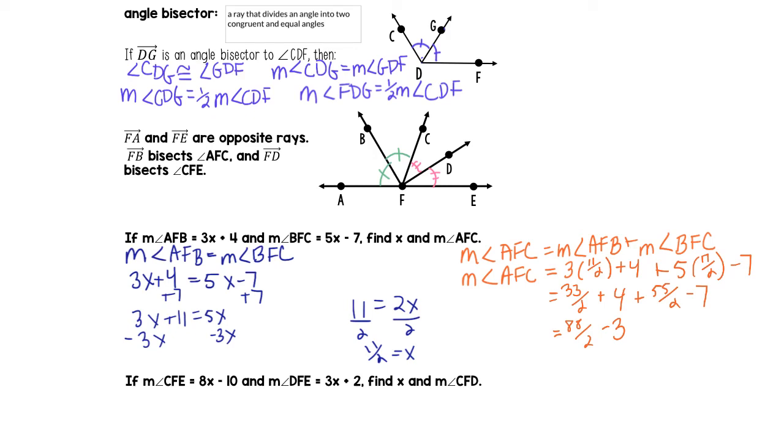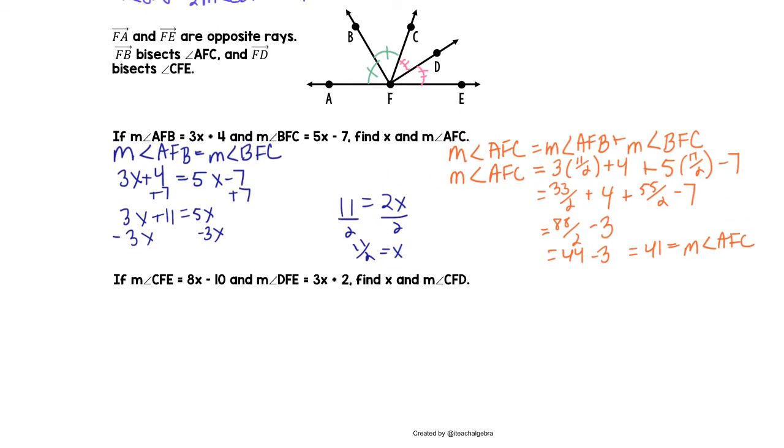We can divide 88 over 2, that is 44. And 44 minus 3 is 41. And that is the measure of angle AFC. Kind of long and drawn out, but we totally did it. We knew exactly what to do.